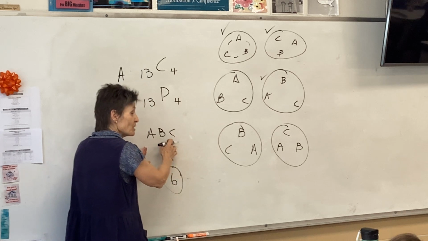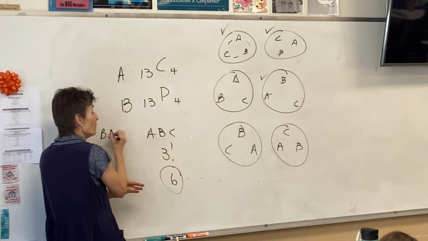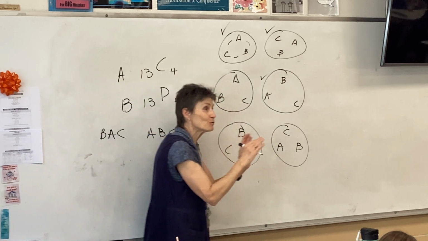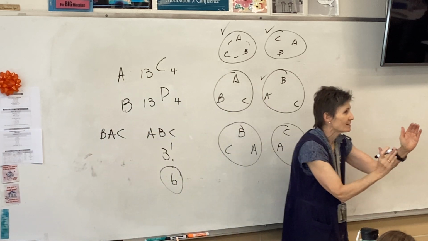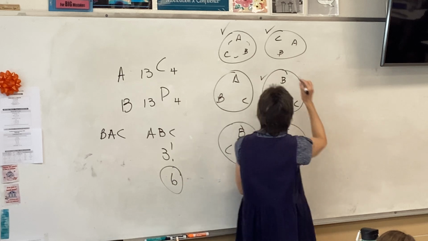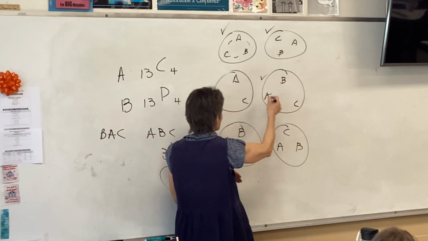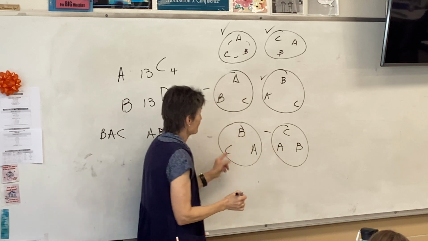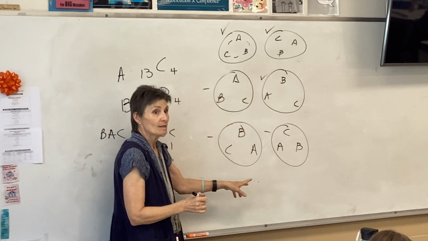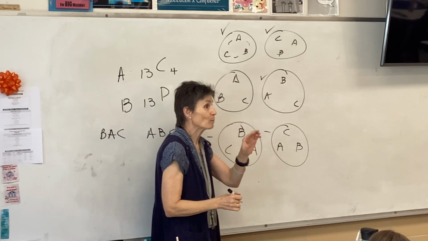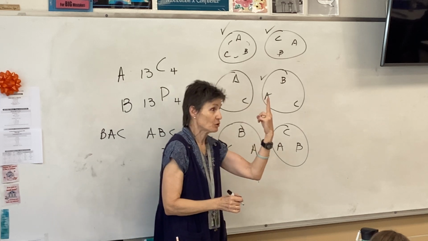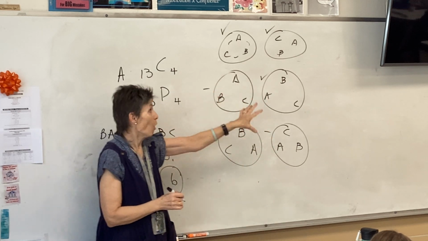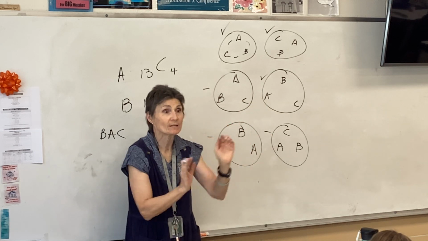If I want to rearrange these in a line, I have to physically pick them up, but in a circle you don't pick them up, you just rotate. So those 3 are the same, and so are these 3. How many arrangements are there? Only 2. There aren't 6, only 2, because all the other ones are just rotations of the original.